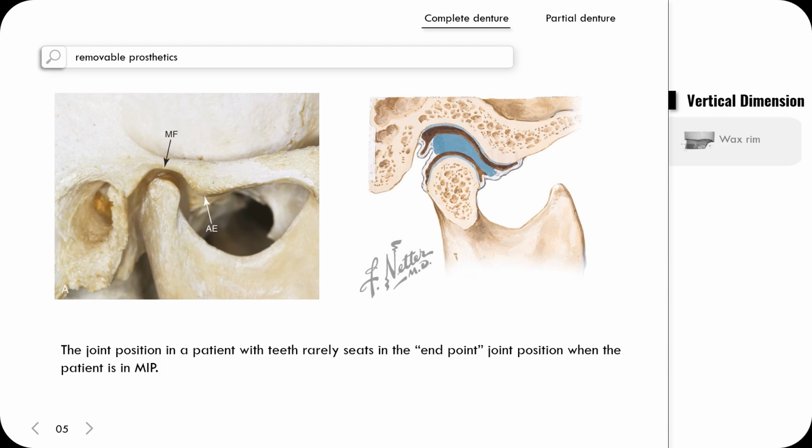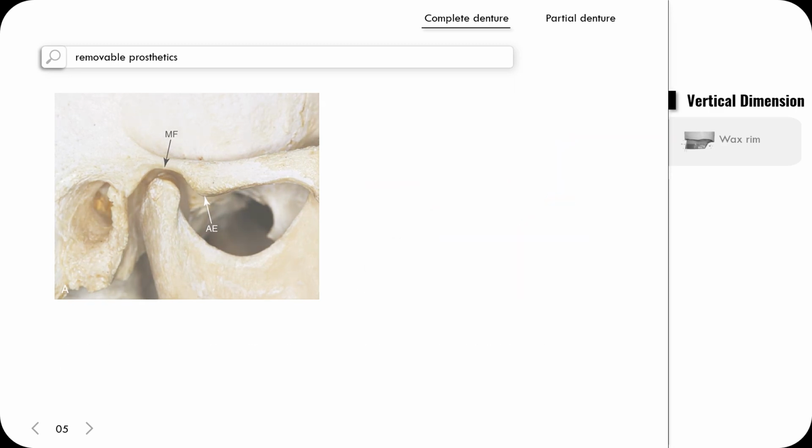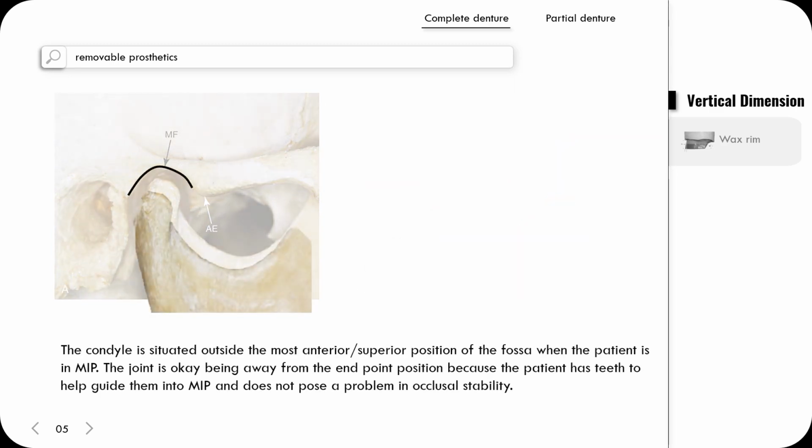But the reality is that when our teeth are closed together in that maximum intercuspation position, if we were to take, let's say, an x-ray of where the condyle is relative to the mandibular fossa, we'd actually find that for the majority of us, 90% of us, the condyle is not in that endpoint position.